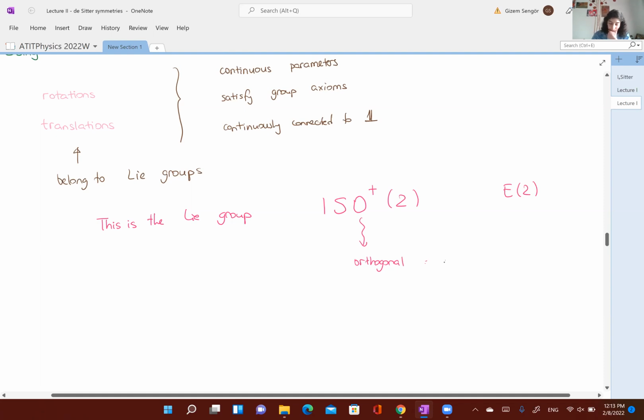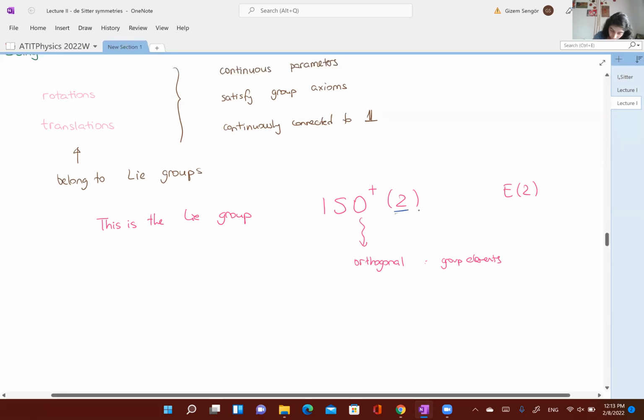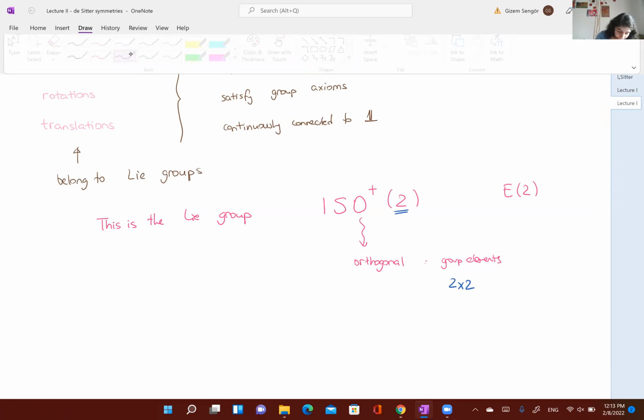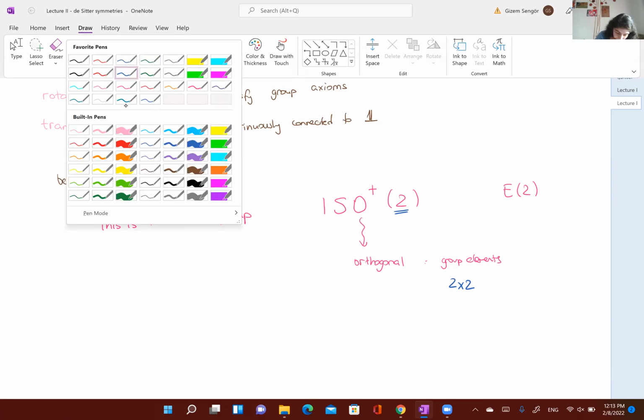This means these group elements, because of this 2, are 2 by 2 orthogonal matrices.